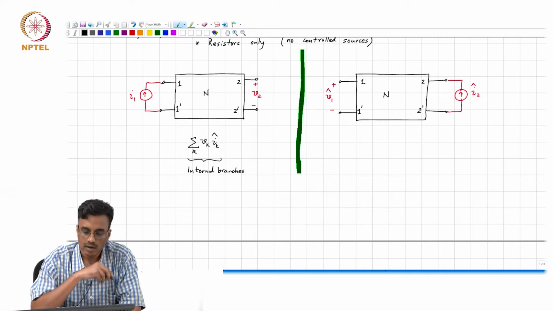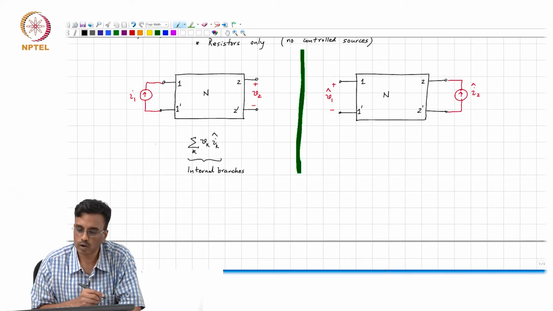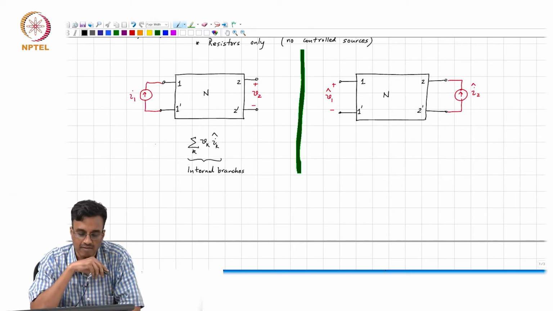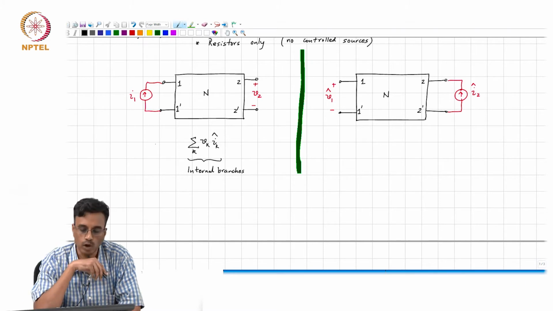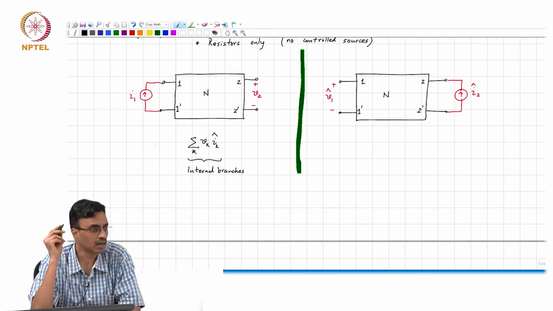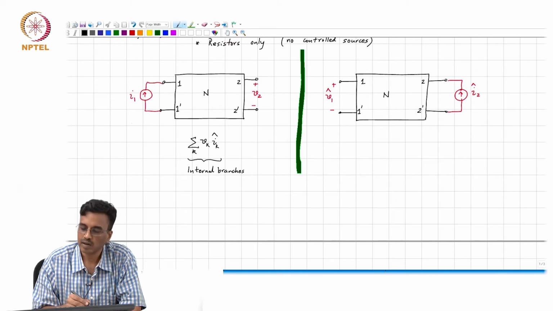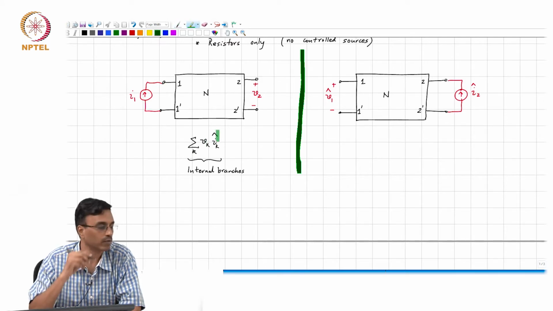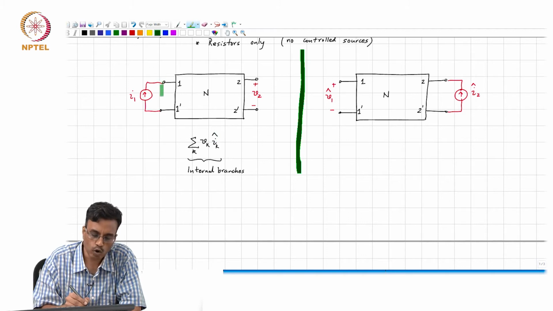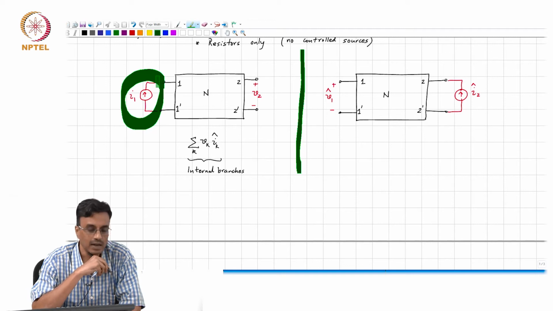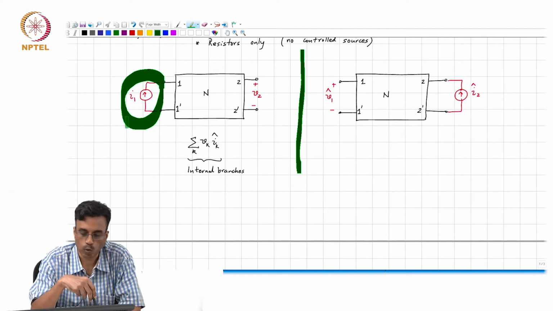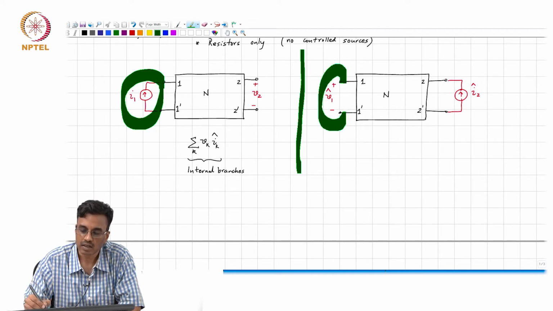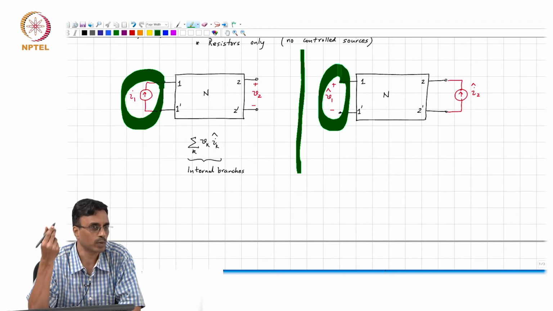And what comment can you make about Vk Ik hat as far as the port branches and currents are concerned? We do not know the voltage across this branch, but we need to find the product of this voltage and this current, and what does that happen to be?